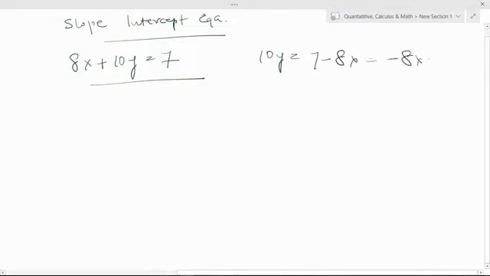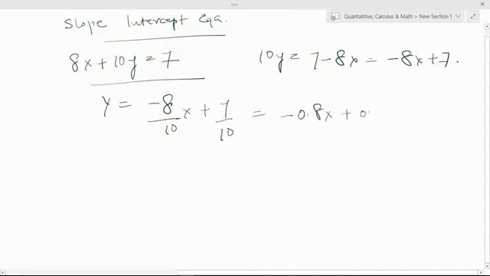So this can be rewritten as 10y is equal to 7 minus 8x, nothing but minus 8x plus 7. So y is equal to minus 8 by 10x plus 7 by 10, which is minus 0.8x plus 0.7.